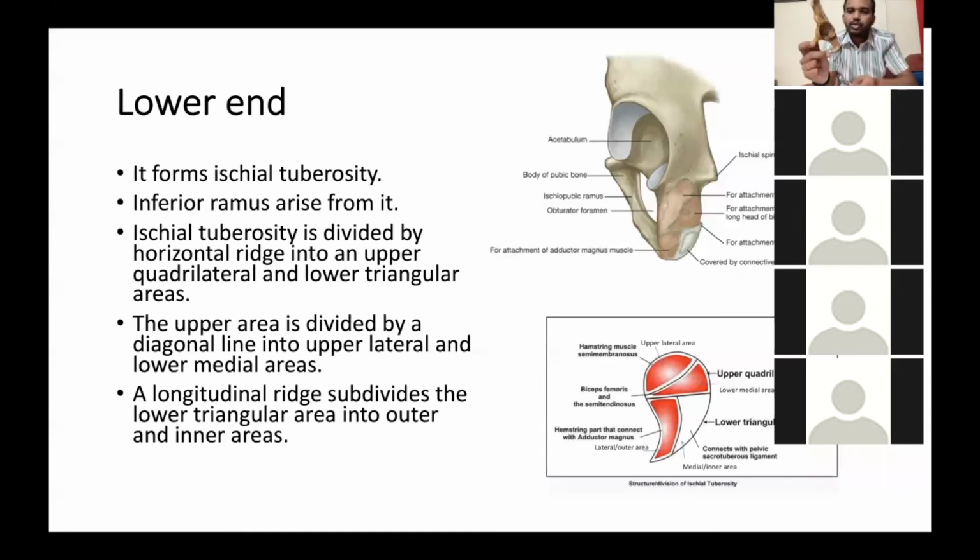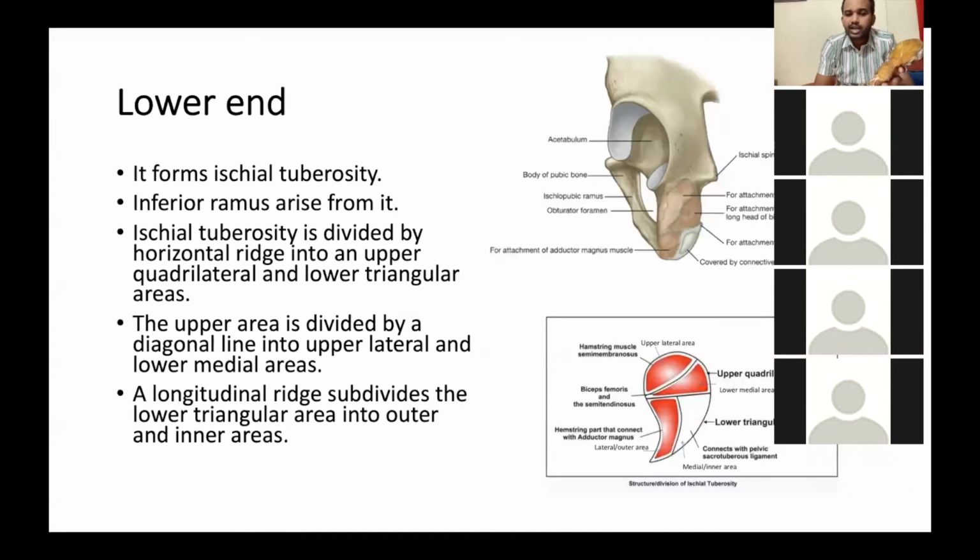If you hold the bone in position, this area is lateral because the acetabulum will face laterally, and this lower area is medial. So a diagonal line further divides this upper quadrilateral area into two areas: the upper lateral and the lower medial.